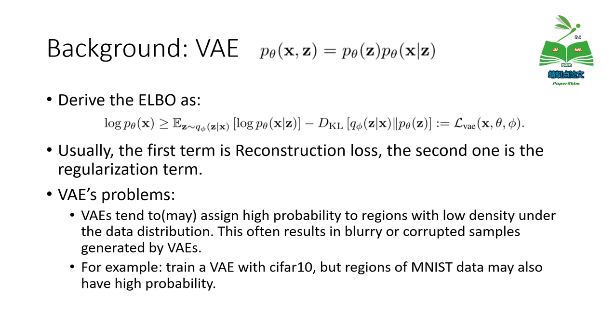For example, from a paper, they found that when they train a VAE only with the CIFAR-10 dataset, the data from MNIST may also have high probability, or we say the probability of x from MNIST is higher than the probability from CIFAR-10, even though the model never sees the data from MNIST, which is a problem for VAE.